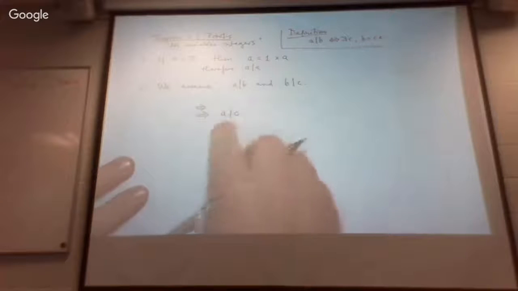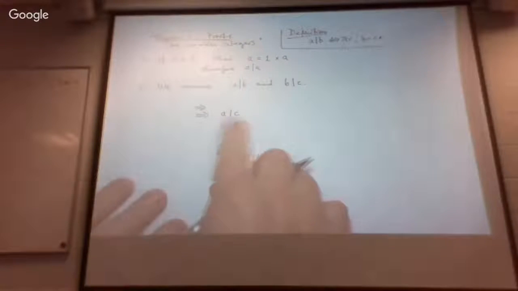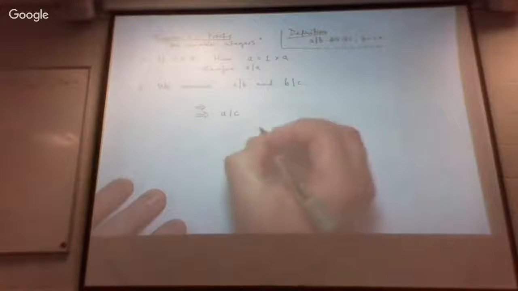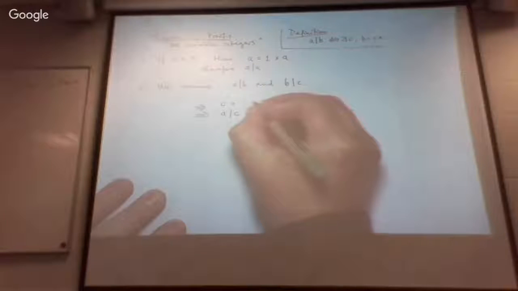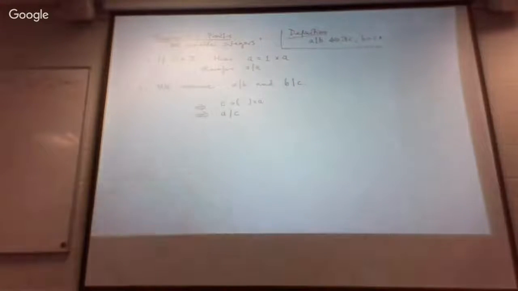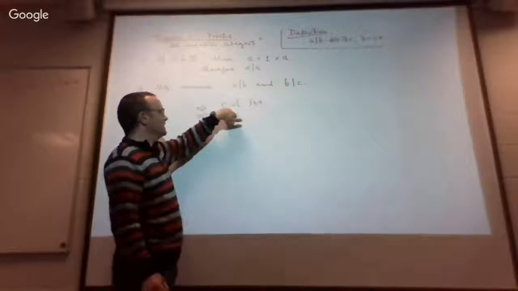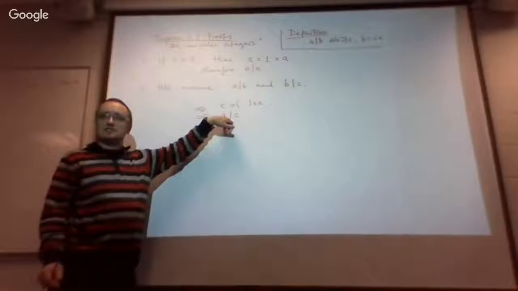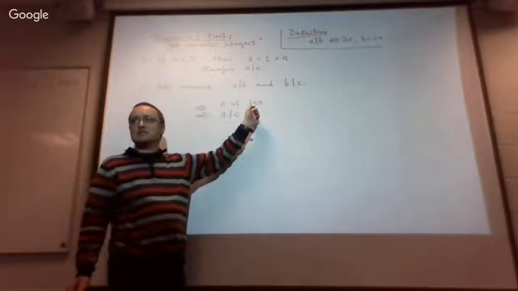So how is it that you can conclude that A divides C? How can you make that statement? Well, according to the definition, you can only make that statement if you can show that C is equal to something times A. If we can show that, then we'll be allowed to say that A divides C. So what is this mysterious something?